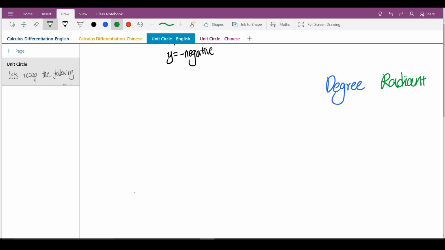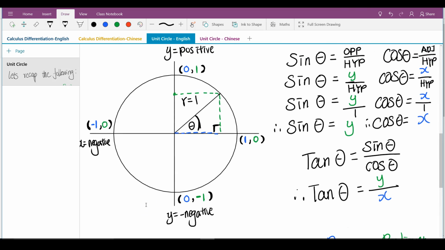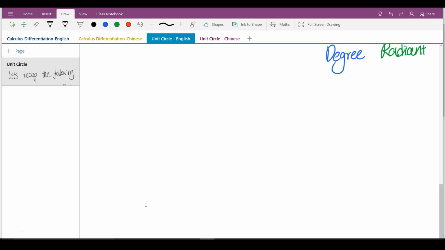So we know, with what we just discovered, sine theta is equal to the y coordinate and cos theta is equal to the x coordinate. We can come up with some very easy patterns or methods to calculate certain angles.